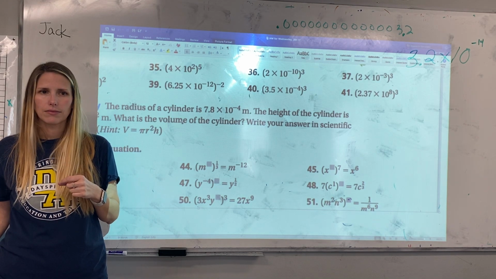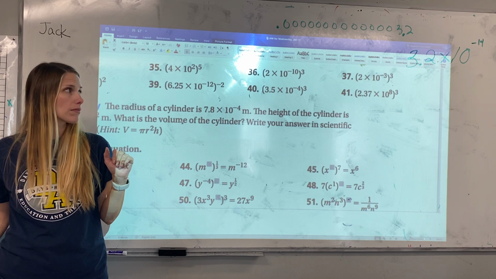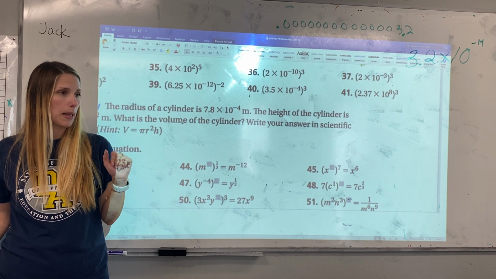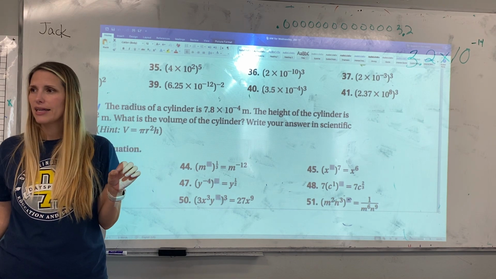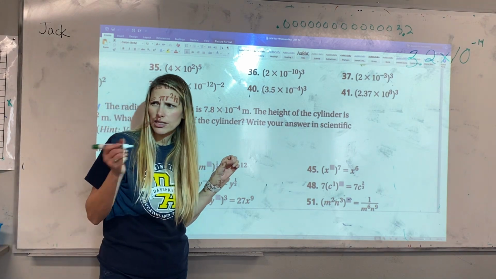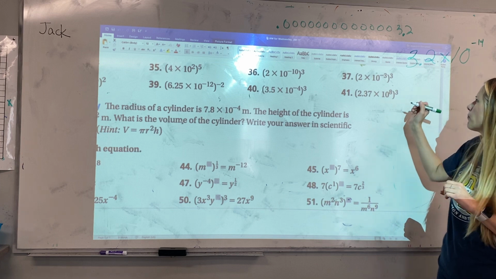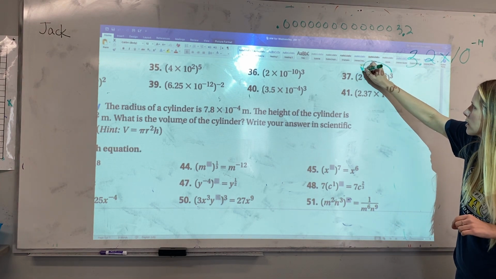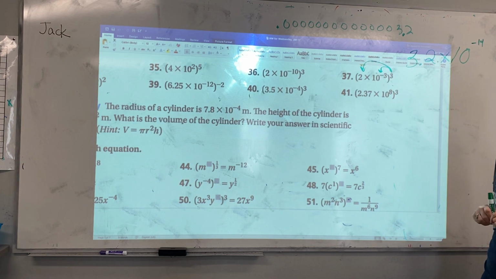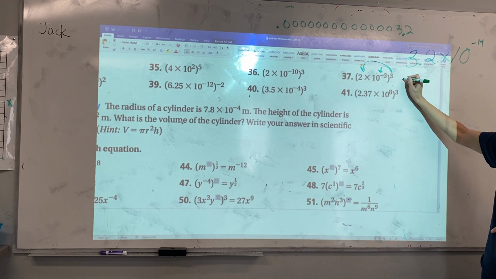The power outside is distributing to all the powers inside. Yes, the power outside belongs to everything. Jocelyn, are you paying attention? Kind of? Okay. The power belongs to everything in those parentheses, okay? So that's 2 cubed.